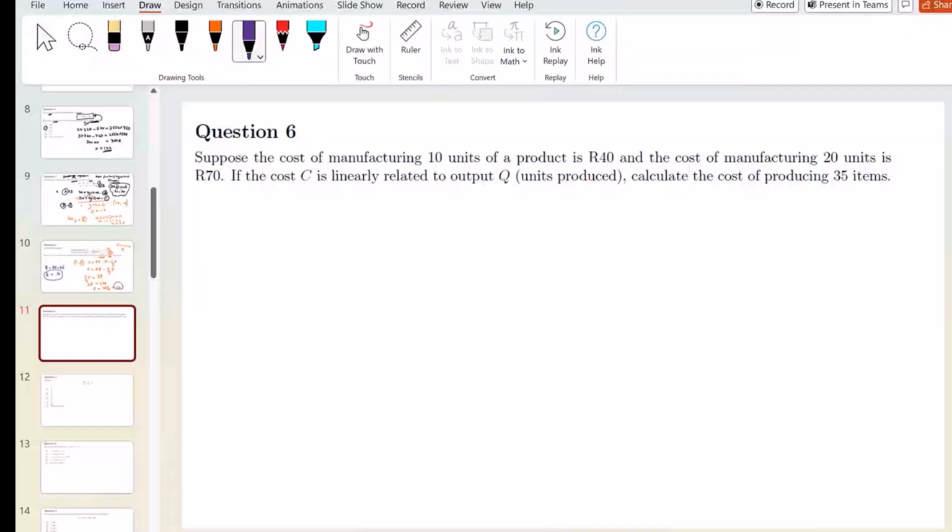So the cost of manufacturing this, okay, is 40. So let us say now we've got X. I'm going to use X, okay? And say my X is going to be my quantity.